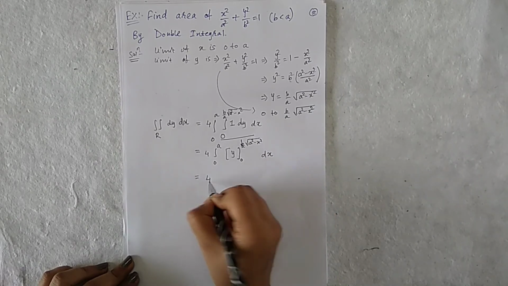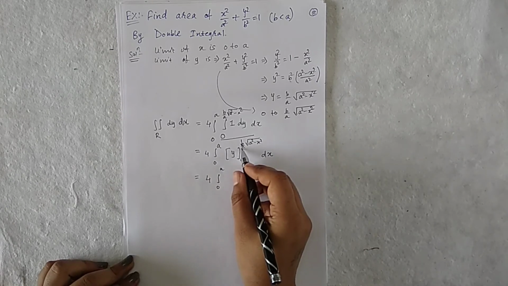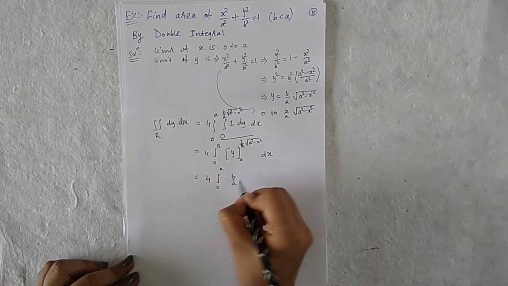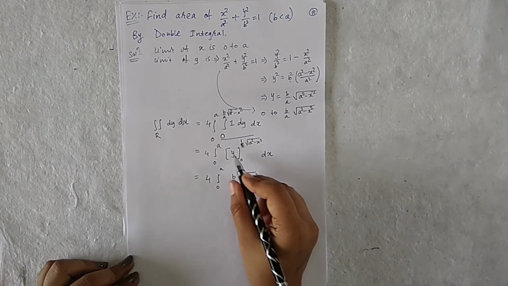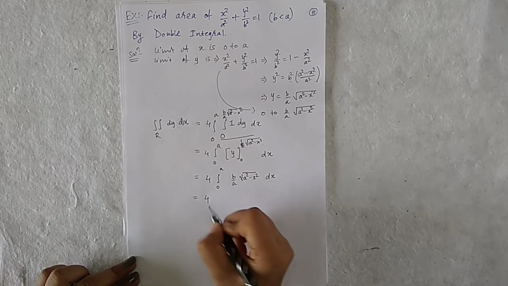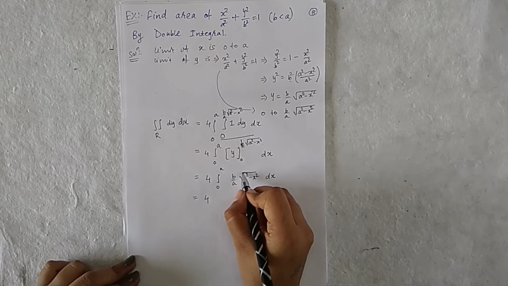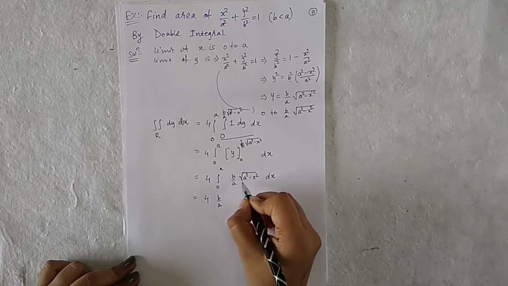So is equal to 4, integral 0 to a, put y is equal to this, so b by a square root of a square minus x square. When you put 0, it becomes 0, into dx. So is equal to 4 times the integration of this, but here b by a is constant, so b by a.